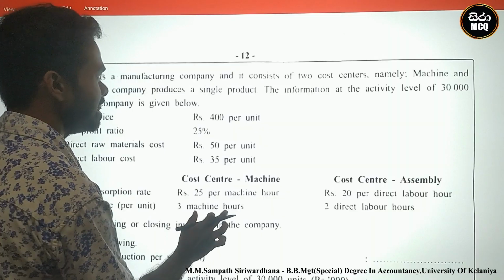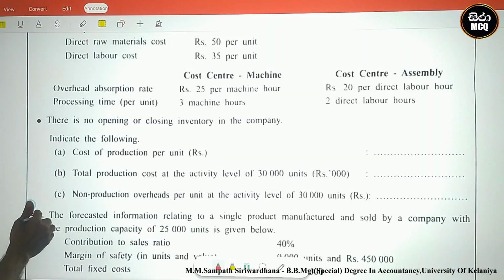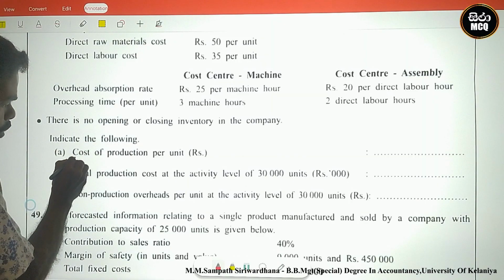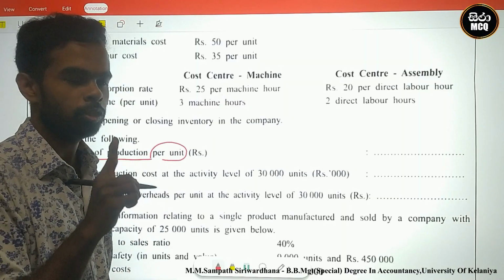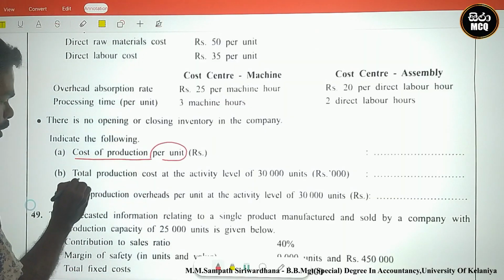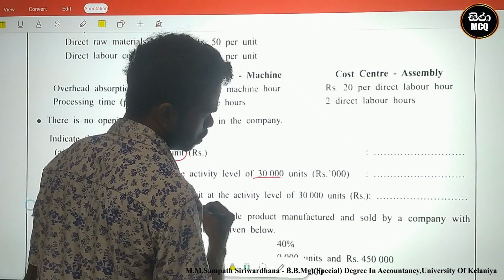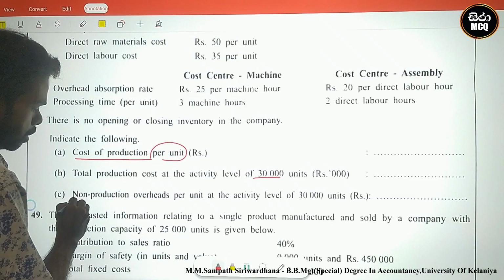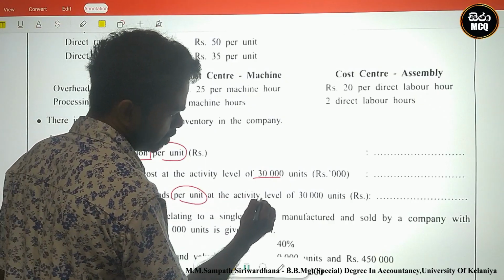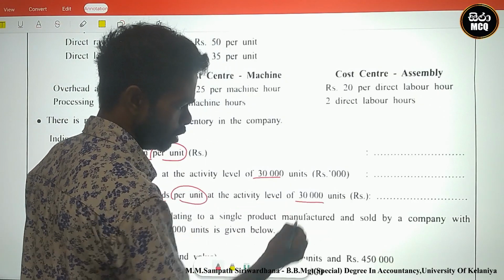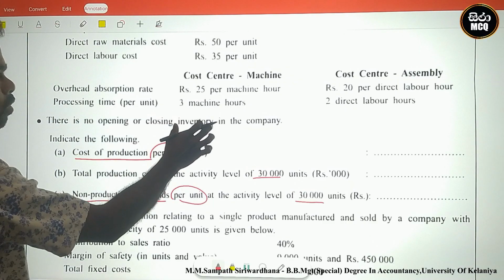Let's see what the requirements are. Indicate the following: the production cost per unit, the total production cost at an activity level of 30,000 units, and the non-production overhead per unit at the activity level of 30,000 units. Firstly, we identify the production cost per unit.